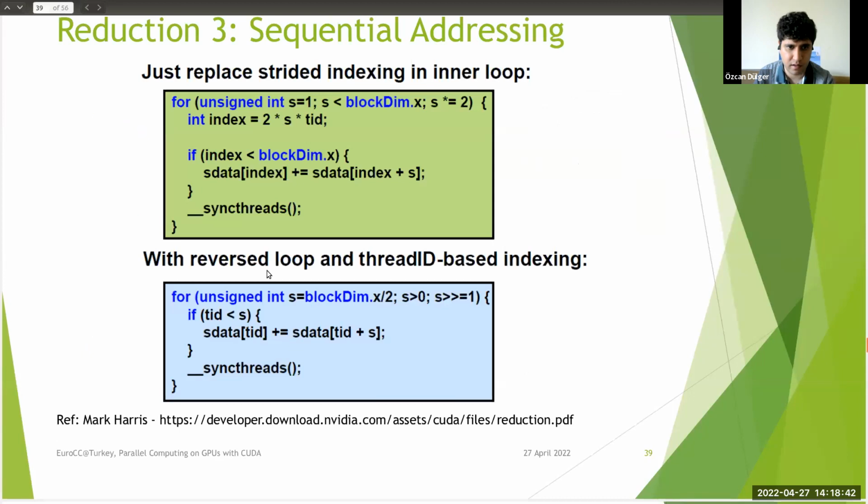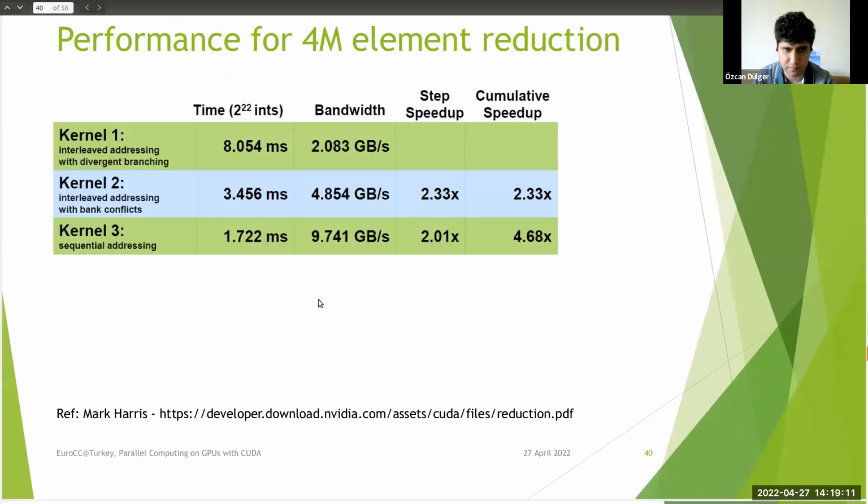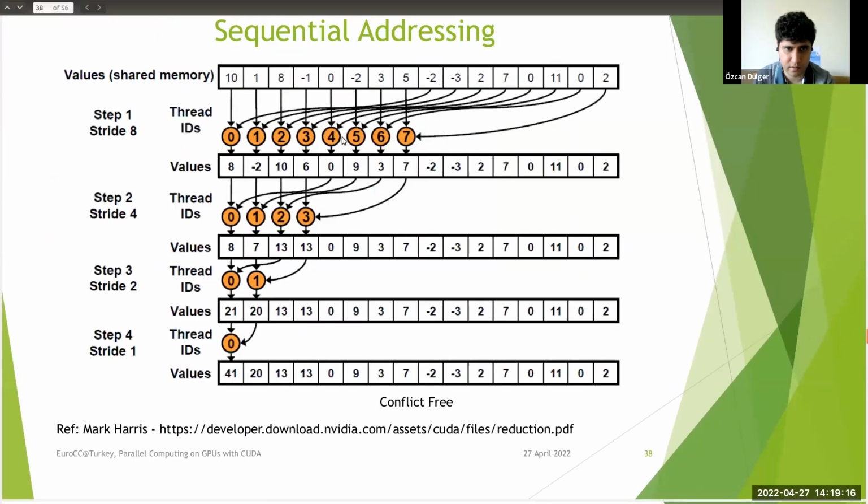How is it achieved here? Just replacing the if condition and strided index with thread ID based indexing. Now, thread ID based indexing, and the stride is the current value of the loop variable for the third approach.